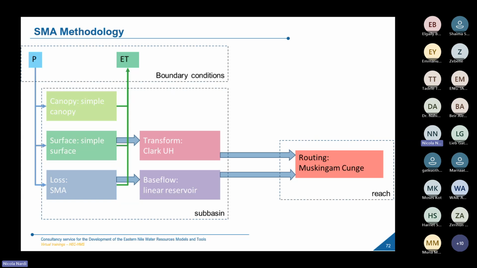So it's called the Soil Moisture Accounting methodology for the loss method instead of the Soil Conservation Service.